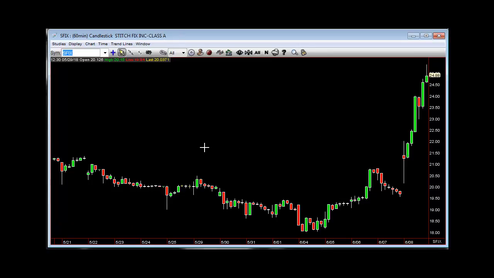And one of those was SFIX. And you can see how simple this really was. Inside 60-minute right here. Breaks above 21.96. Then you got another one here, broke above 23.96 and then went out close to 25. And both of these setups took 2 hours to set up, so there's no real way to miss that unless you're really falling asleep.